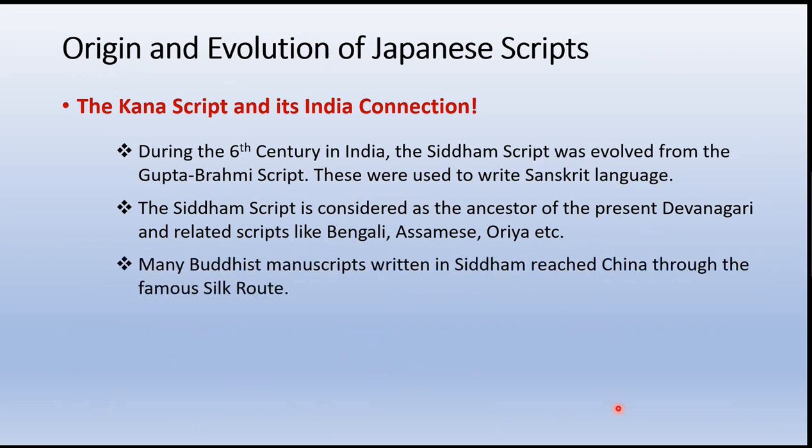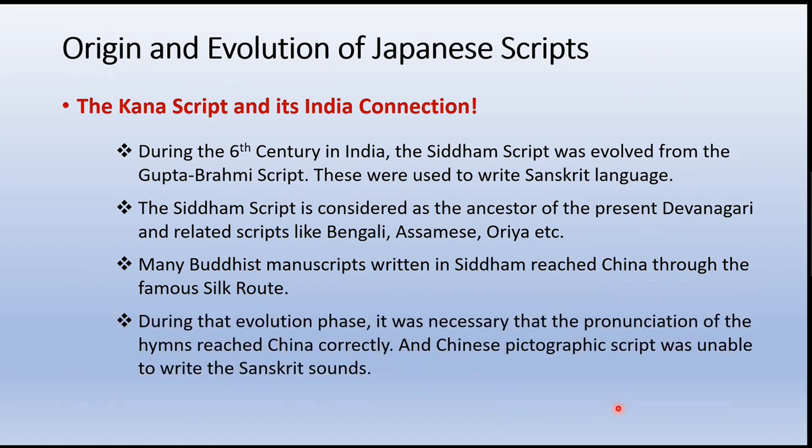Many Buddhist manuscripts written in Siddham script reached China in that period through the famous Silk Route. During that evolution phase, it was necessary that the pronunciation of the hymns reached China correctly, and the Chinese pictographic script was totally unable to write the Sanskrit words.